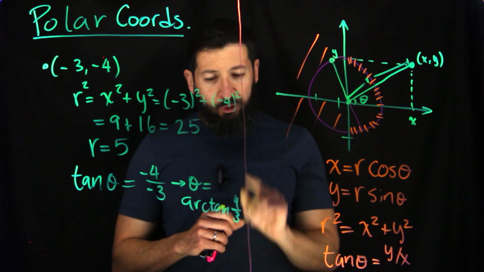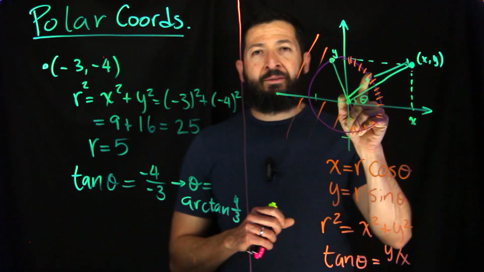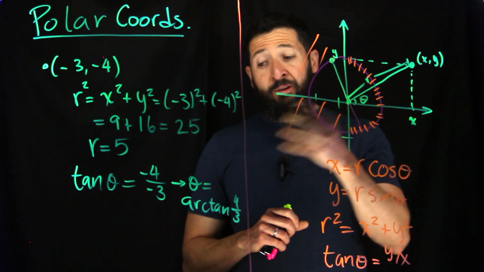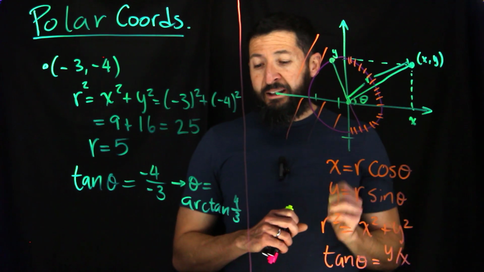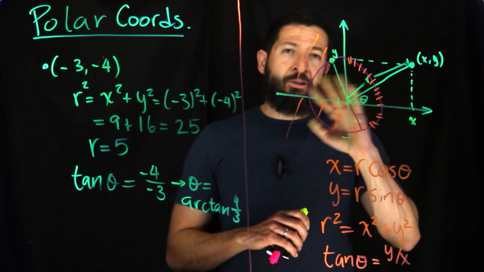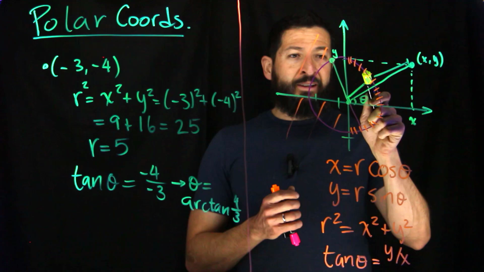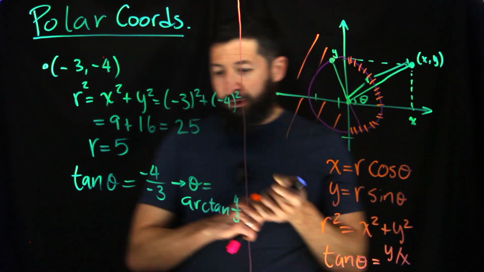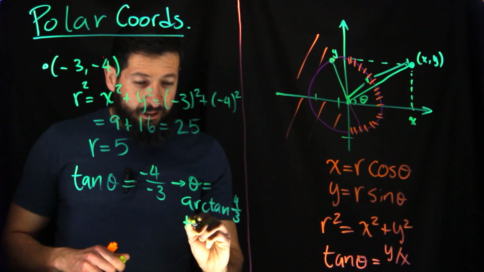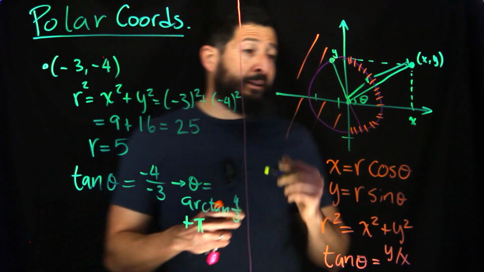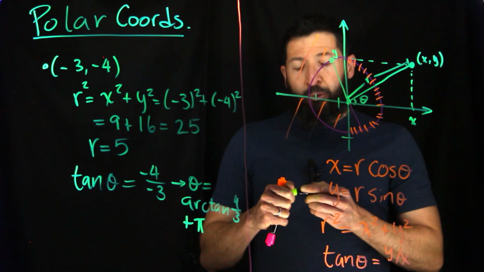So when you put it in your calculator, that's going to give you an angle over here. If you just write down carelessly the arctangent of 4/3, you're going to get it wrong, because it's going to give you this angle. You've got to add pi to it because you're going to be in the third quadrant in this case.